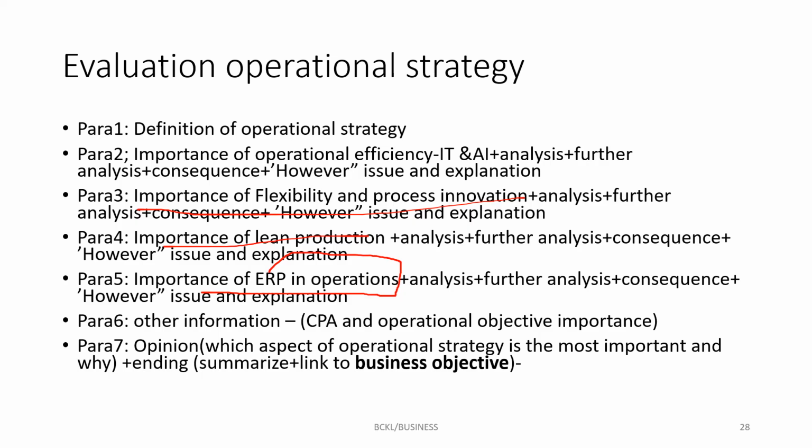So here in other information, you may talk about CPA, operational flexibility, its objective, the importance, and then your opinion. Which operational strategy you think is the most important, basing on the case study that you will be given, and then you end, summarize, and link to the business objectives.